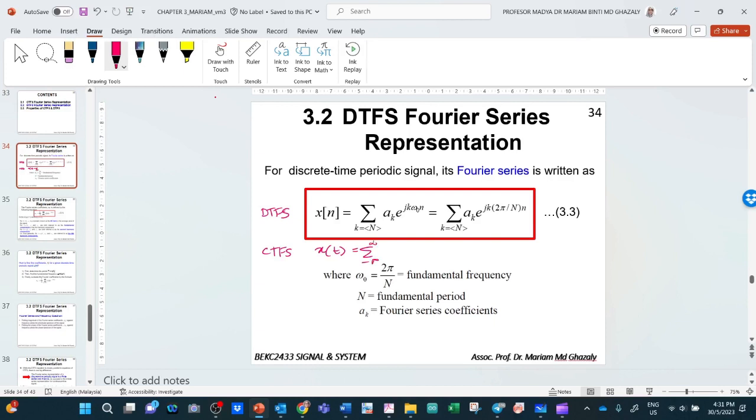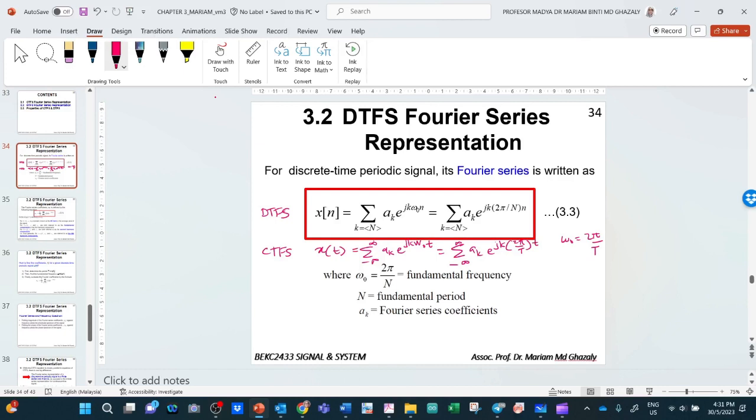The summation from minus infinity to infinity of ak e^{jk omega t}. Okay, so whereby omega, as you know, is equal to 2 pi over T, right? So you have here the summation from minus infinity to infinity of ak e^{jk 2 pi over T t}.